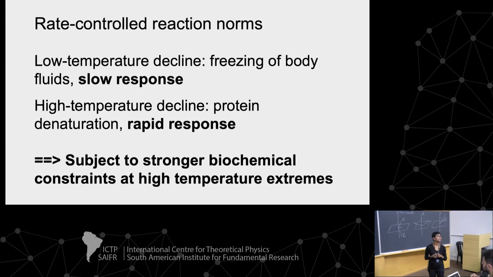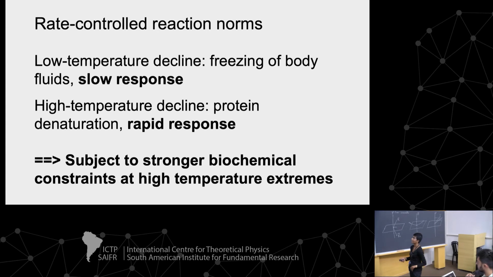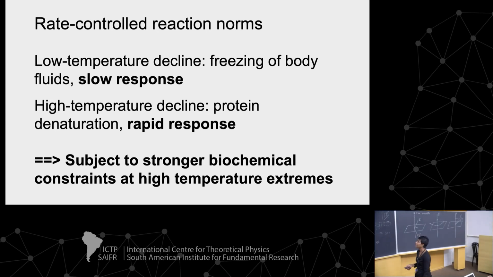My favorite analogy for this is it takes time, even for humans, to freeze to death, but you walk into a fire and death might actually happen rather quickly, unless somebody pulls you out. So the point is that these rate control reaction norms are likely to be subject to stronger biochemical constraints at high temperature extremes compared to low temperature extremes.